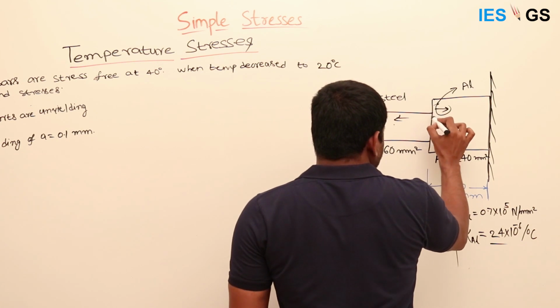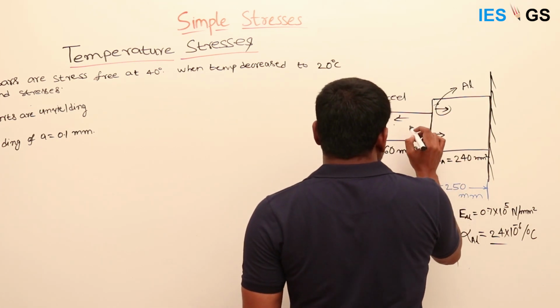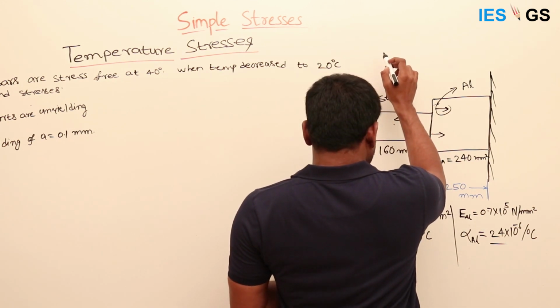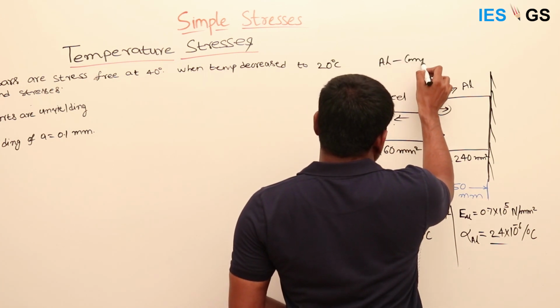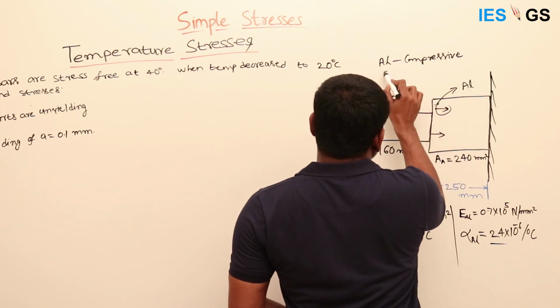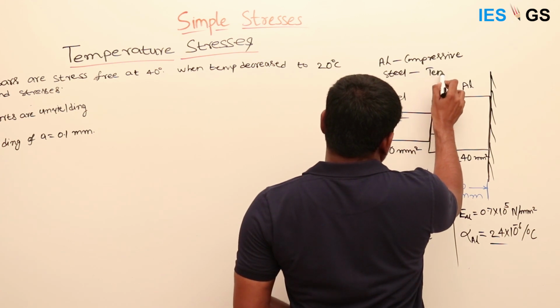Then it is trying to pull this back to this side because of this junction, attached. So here, in the aluminum there is a compressive stress, and in the steel there is a tensile stress.